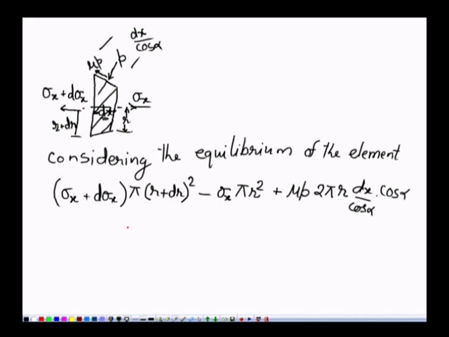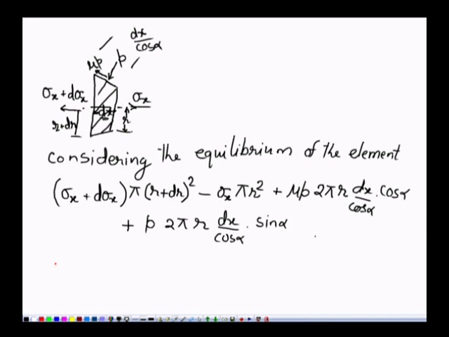The remaining part is due to the pressure. So, this is P into 2 pi r, acting on the same area, so dx upon cos alpha into sin alpha. This is an important expression.